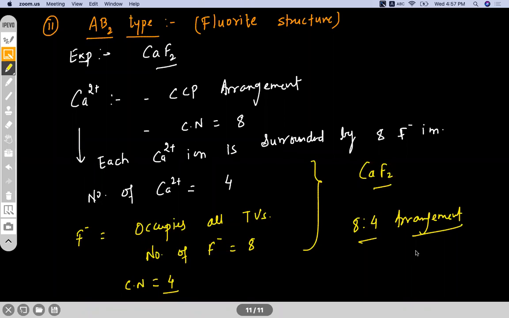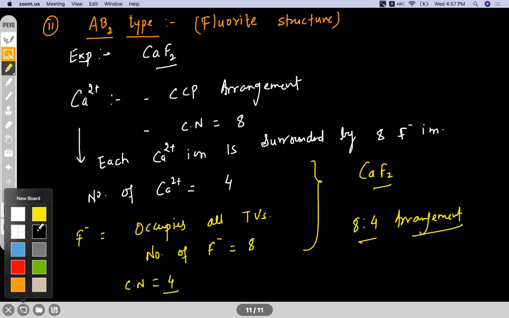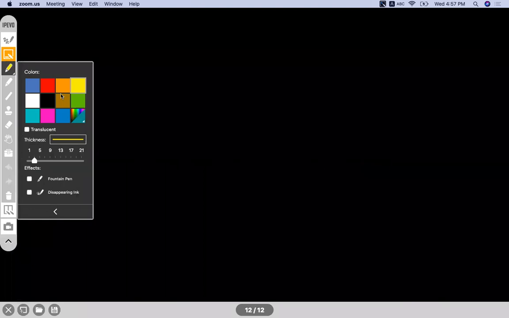Okay, this is fluorite structure, AB2 type. One more type of structure we have, which is exactly opposite to the one that we had discussed, that is fluorite. The another structure is A2B type, the third type of structure.